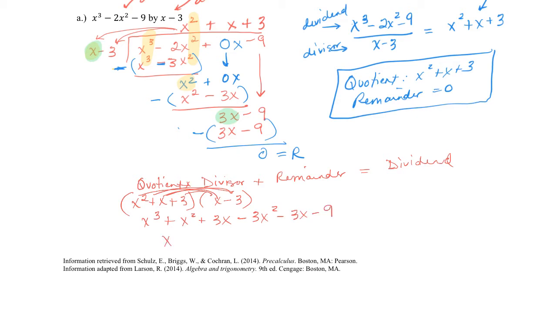Combine your like terms: x cubed plus x squared minus 3x squared is negative 2x squared, plus 3x minus 3x, those eliminate, minus 9. That should equal my dividend, and my dividend was x cubed minus 2x squared minus 9. Those, of course, are equal, and so I know that my answer is correct. So that's how you'll check your work. Just take your quotient times your divisor, add your remainder, and it will equal your dividend.